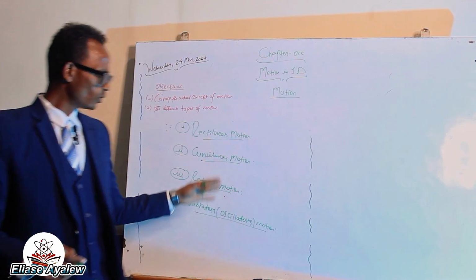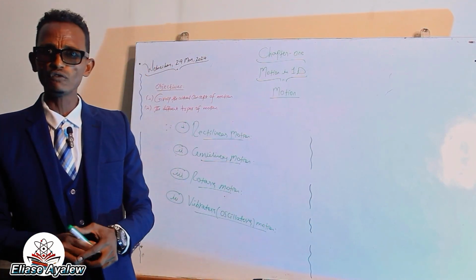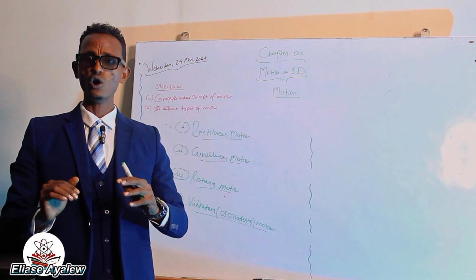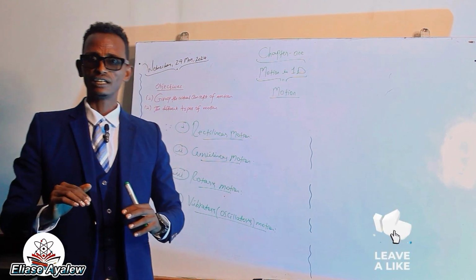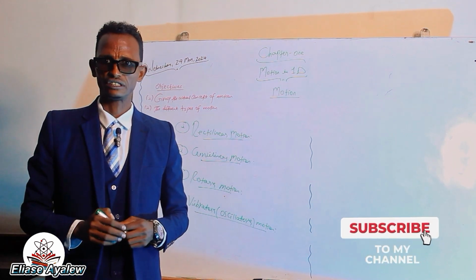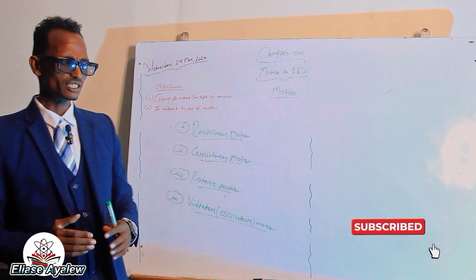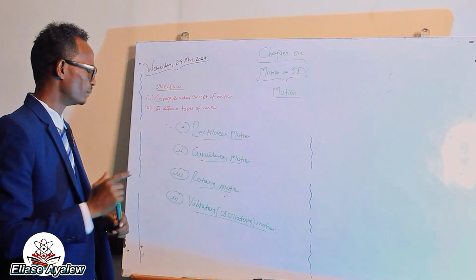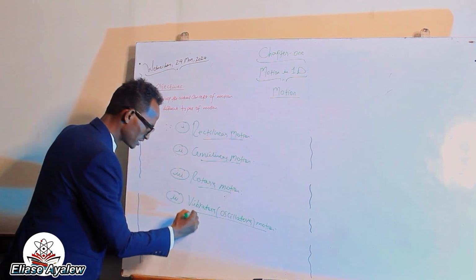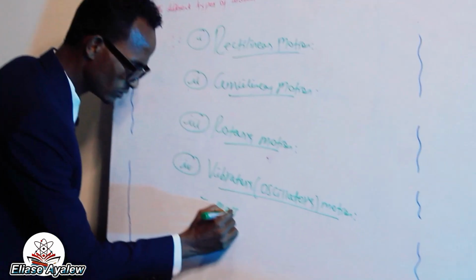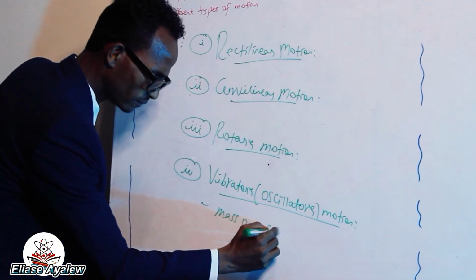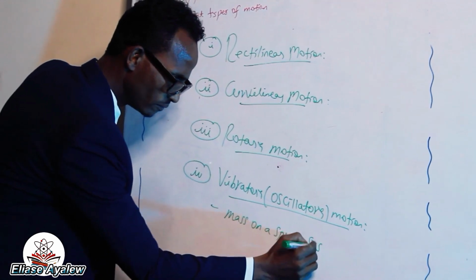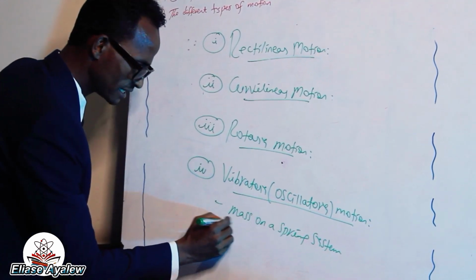This vibratory or oscillatory motion is the motion of a body back and forth or up and down along the same line of action. And we can list two typical examples of this type of motion. The first example is a mass on a spring system. And the second one is a simple pendulum.